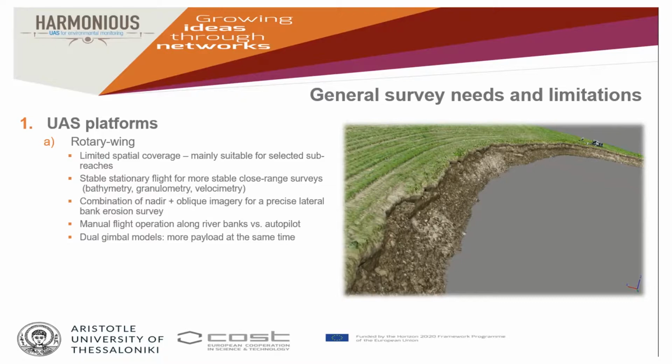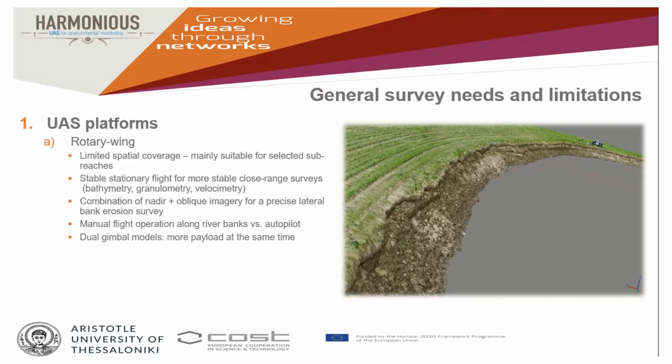We can even combine with these drones the camera angle. For example, in this image, you can see an oblique view SfM model of an eroding meandering riverbank in Hungary, and it's much better than the nadir view survey, and can provide valuable geometric data for future modeling of the river reach.